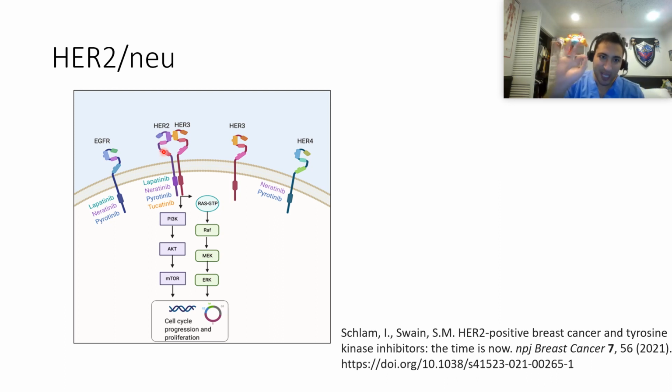But what we can do is target this aberrant protein using a receptor tyrosine kinase inhibitor. And as an intellectual exercise, I want you to try to think, okay, how could a cancer cell resist a tyrosine kinase inhibitor, or a TKI? How do they resist TKI? So a couple things can happen. First, it can change the shape of the receptor so that it no longer binds the drug well.